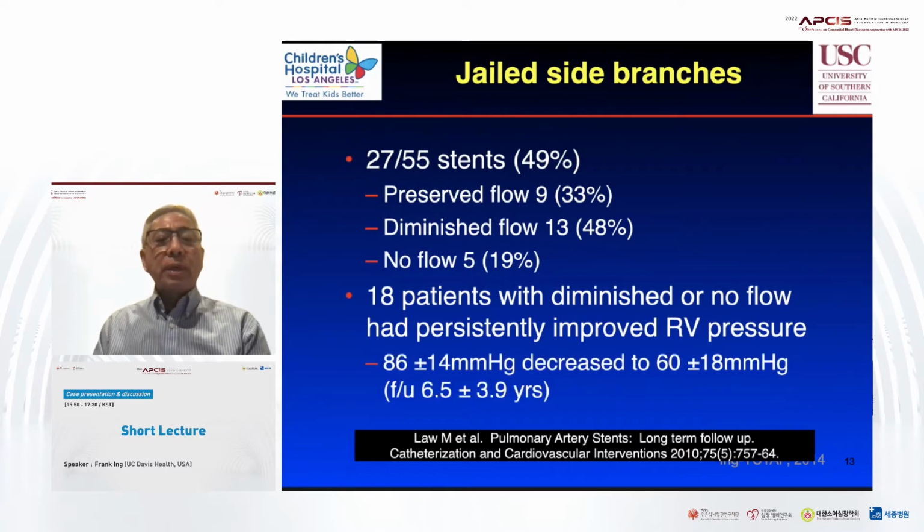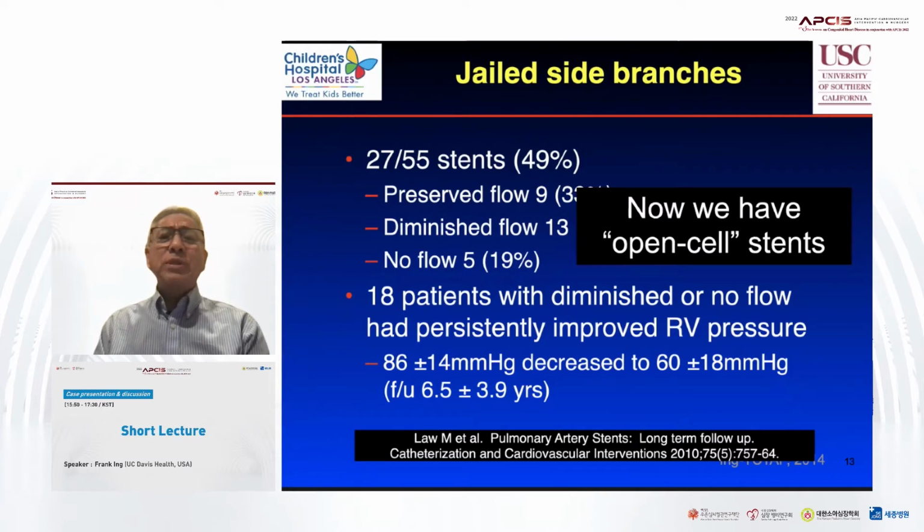Overall, the pressures dropped from 86 to 60 millimeters of mercury over a 6.5-year follow-up. But of course, now we have open cell stents that we can go through the side and open up some of the side branches, so these have led to fewer problems with jailed side branches nowadays.